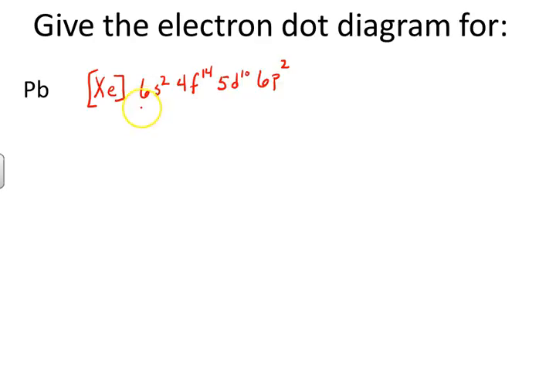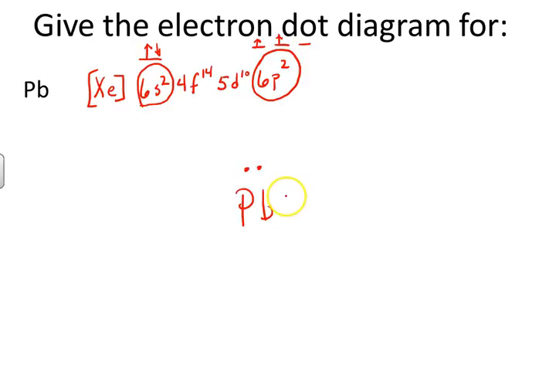So our valence electrons would be energy level 6. S2, P2. So lead, Pb, 2 dots, 2 singles.